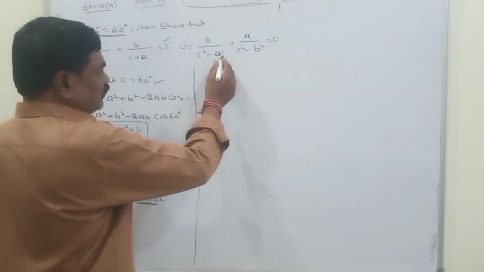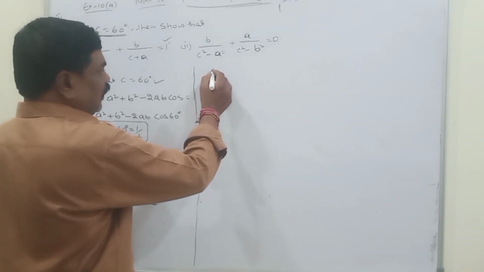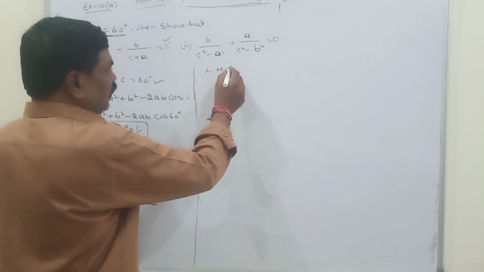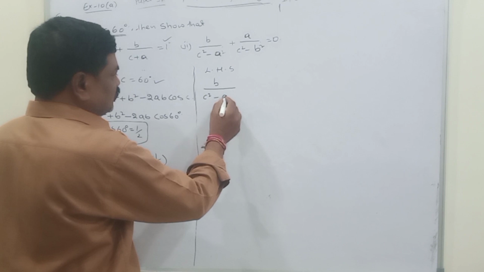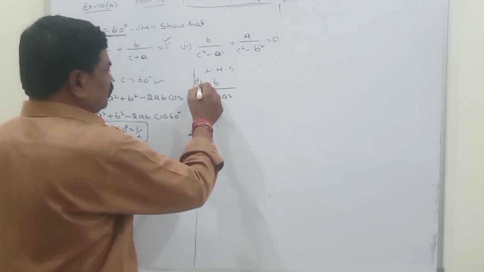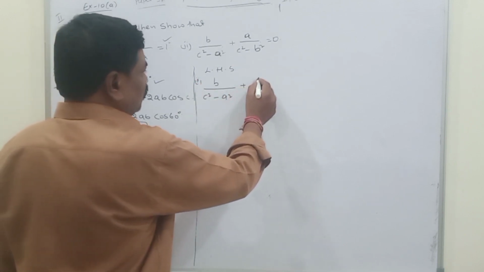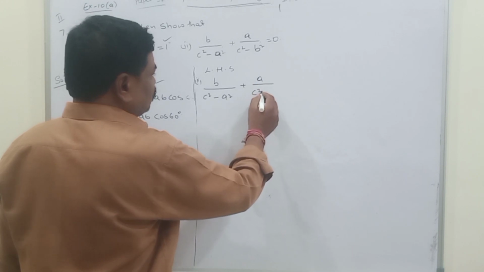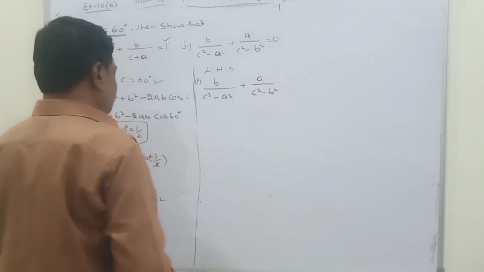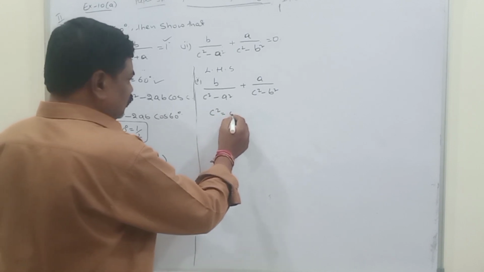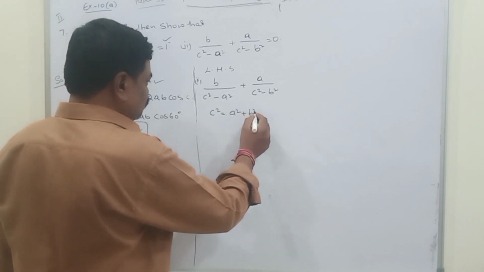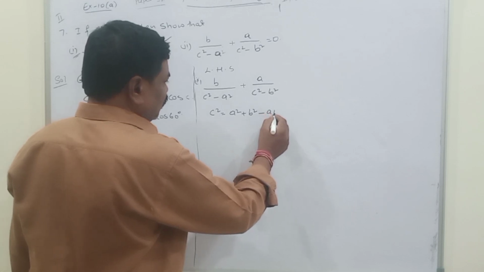Then the second problem, what is the second problem? We have to write LHS. So LHS, that is B by C square minus A square plus A by C square minus B square. Then here C square is equal to A square plus B square minus AB.